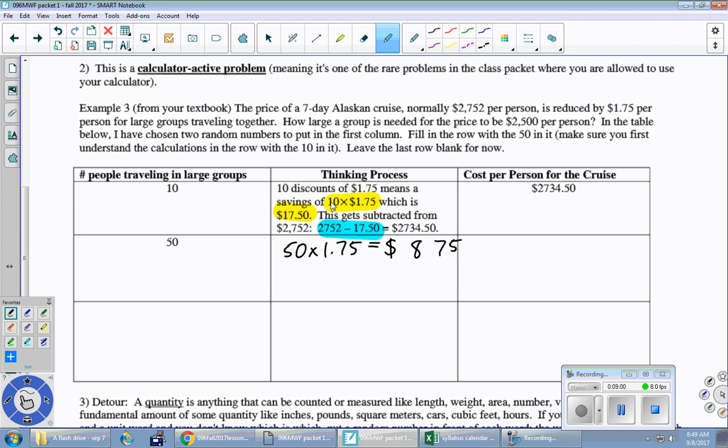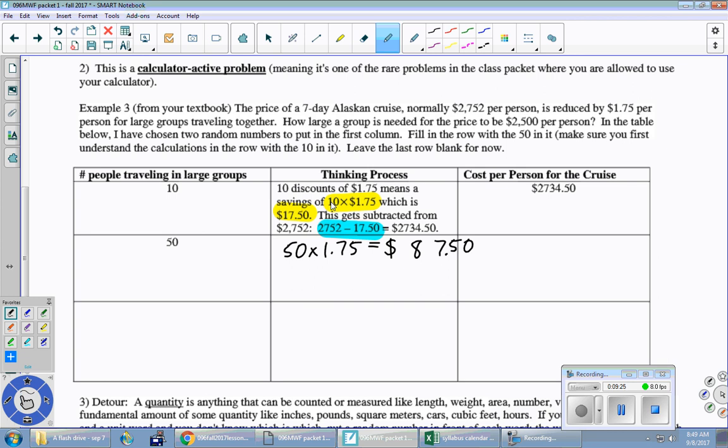I just failed at that. What am I doing? 25, 7, carry the 3. Is it that? I think that's good. So $87.50 is the amount of the discount.